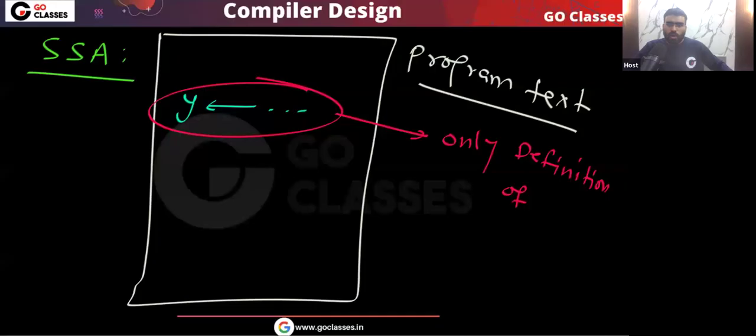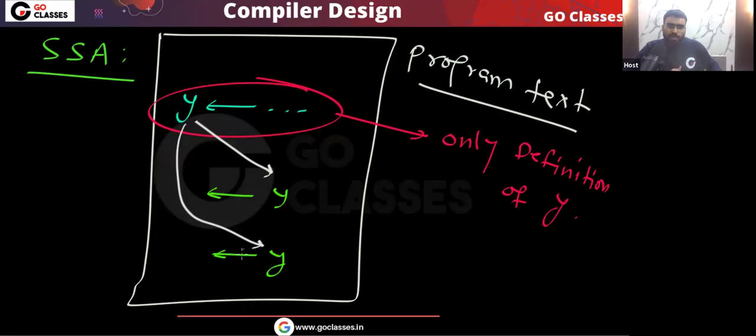This is the only definition of y. If this is the only definition of y, then if you are using this y anytime, then that will only reach from this definition or not? Can you reach from other definition? No, you cannot reach. Yes or no?